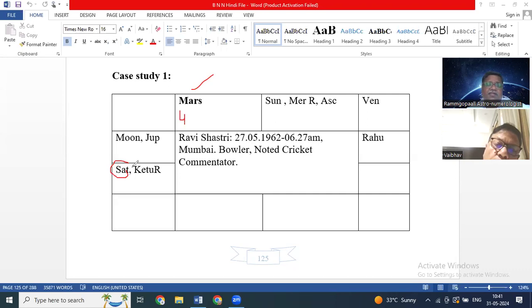How? Because Saturn is connected to Mercury in the 5th house, which is retro and connected to Mars. So this retro planet is connecting Saturn and Mars.